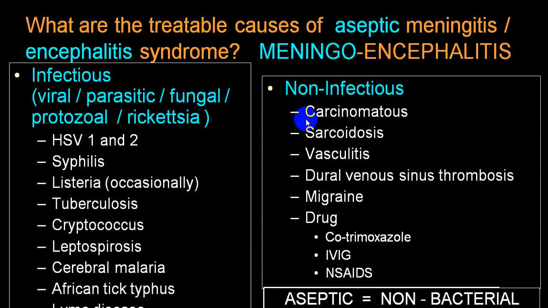Among the non-infectious group, malignancy, sarcoidosis, vasculitis, dural venous sinus thrombosis, migraine, and drugs like cotrimoxazole, IV immunoglobulins, non-steroidal anti-inflammatory drugs can produce the non-infectious group. And there can be a combination of aseptic meningitis with encephalitis syndrome together.